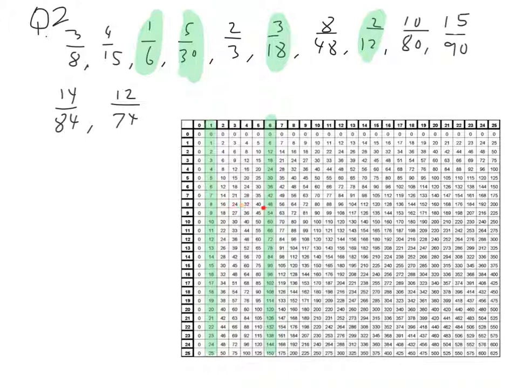We have 8 over 48, there it is there. So that's another equivalent fraction. And is there any more? We can keep having a look. If you do keep looking down, you'll see that there's a 14 over 84 here. So that's also equivalent. Alright, so that should be about it. So there you go. There's a quick way of finding equivalent fractions.